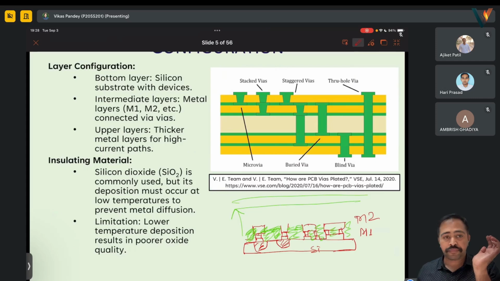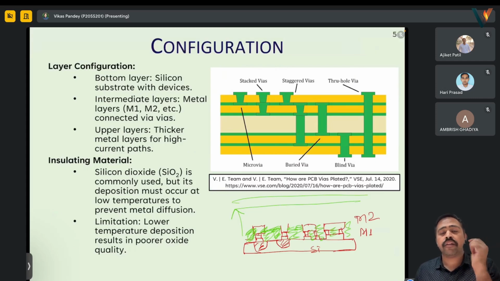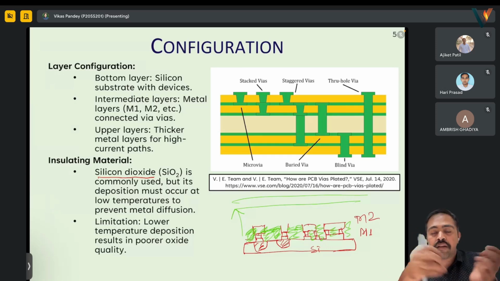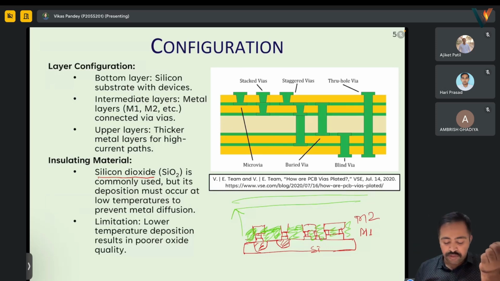And what is this insulating layer? SiO2 is commonly used, but its deposition must occur at low temperature to prevent metal diffusion, because we know that metals can melt at a higher temperature and diffuse. So we cannot do silicon dioxide deposition using oxidation. Although we can deposit silicon dioxide using oxidation, once we have done metallization that is not possible.